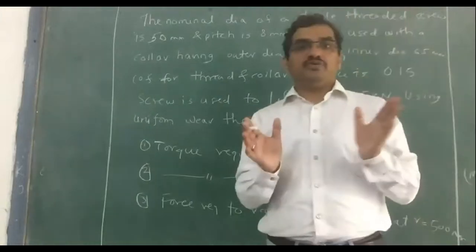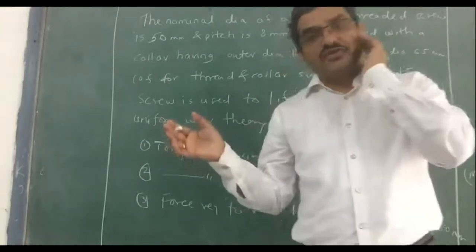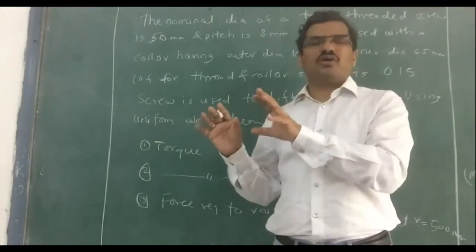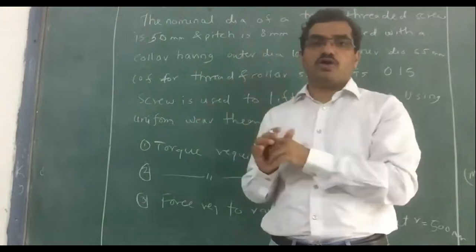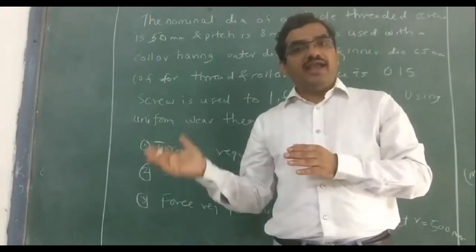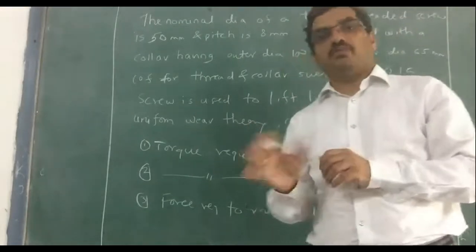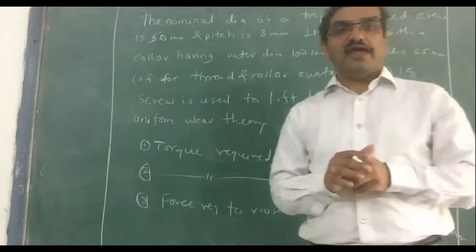Using that we find the collar friction, and then the total torque required to raise plus the collar torque, or the total torque required to lower the load plus the collar torque. The collar friction torque remains the same in both cases, but the raising and lowering torque will vary.